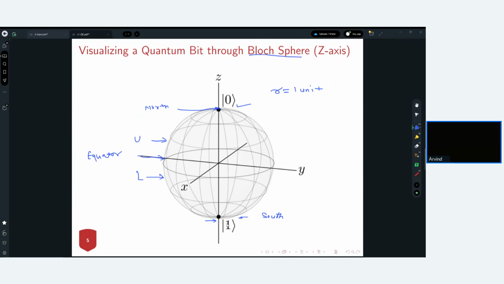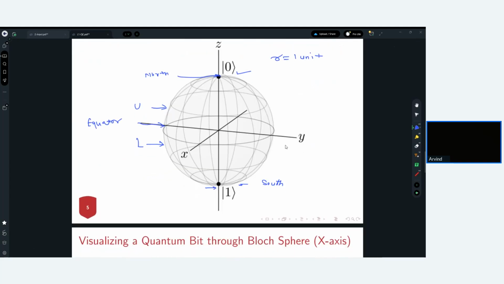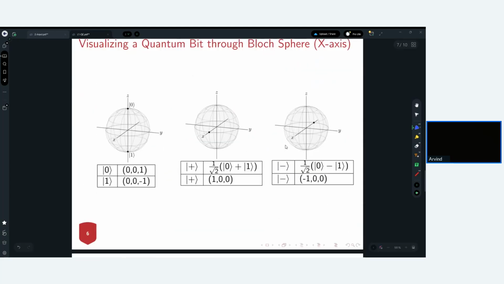So these are the positions which we can use to visualize qubit 0 and 1 on a Bloch sphere. This is the three-dimensional coordinate system with x, y, and z. X is coming out from the screen or the page.